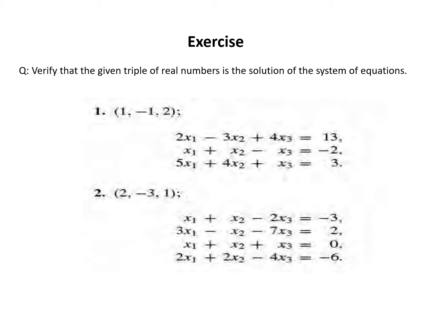But now take the second example: x1 equal to 2, x2 equal to minus 3, x3 equal to 1, and replace these values in the four equations. If we put these values in the first equation, we obtain 2 minus 3 minus 2.